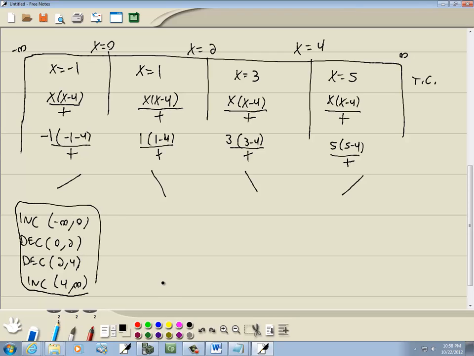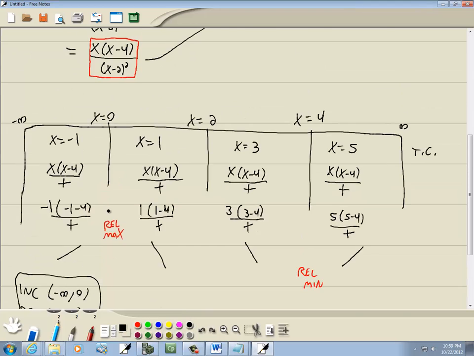Now those are our intervals where it's increasing and decreasing. Now, our relative min, relative max is where it changes from increasing to decreasing, or vice versa. So this is increasing, then changes to decreasing. So this is going to be a relative max, assuming our graph exists at 0. And we'll go check that here in a minute. Now here it changes from decreasing to increasing, so this will be a relative min, assuming it exists at 4.